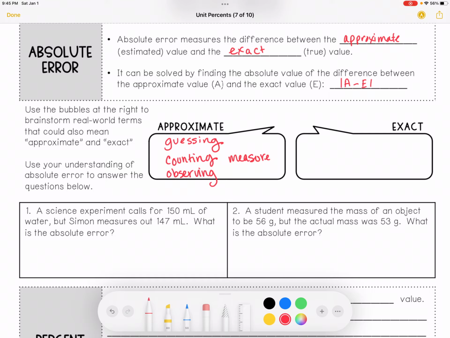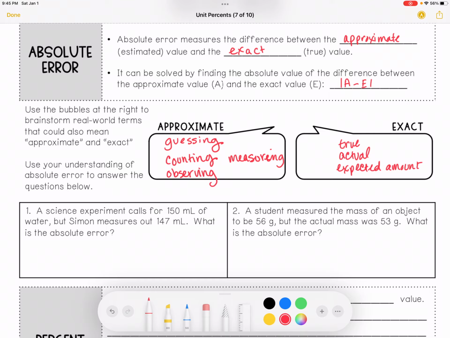Because we can make errors in our measurements, that is an approximate value. All right, the true or actual or the expected amount are our exact.